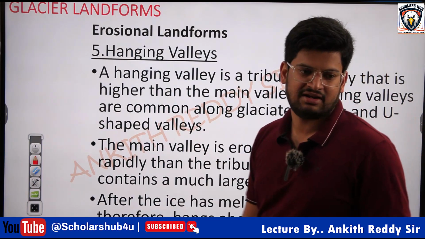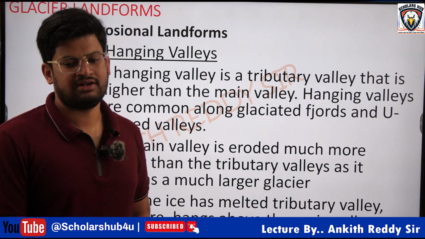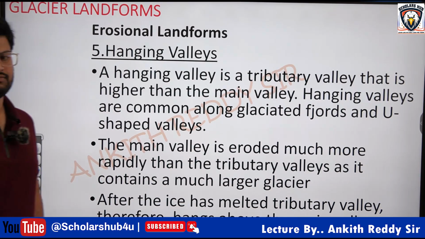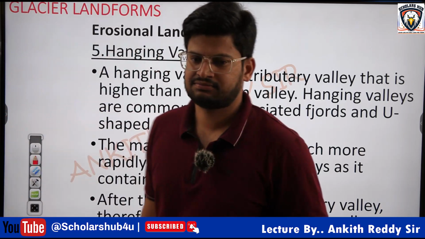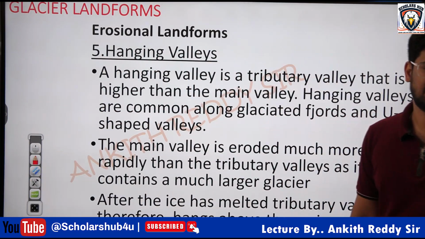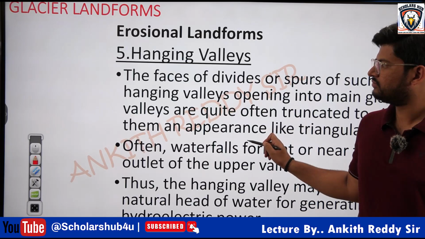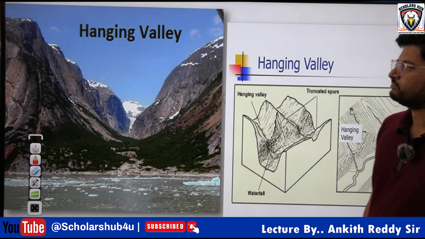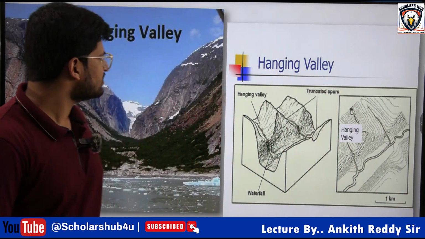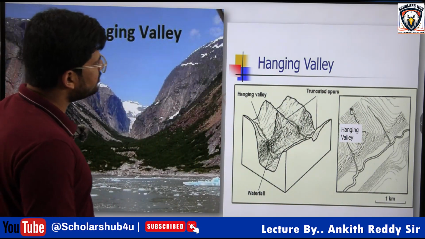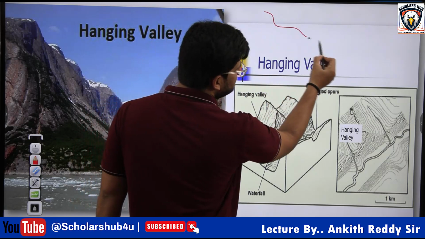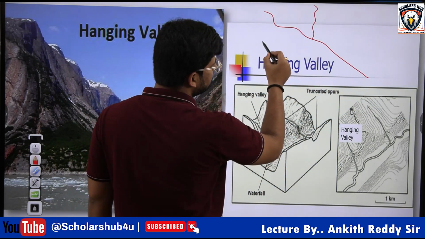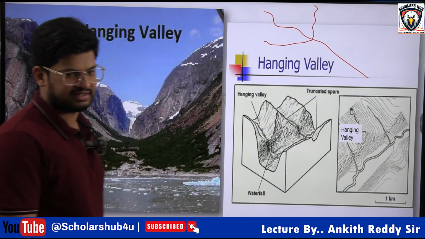Next, hanging valleys. What we are discussing are all erosional features. So what is a hanging valley? Yesterday when we discussed rivers, I told you that the main stream of the river flows like this, and this river is joined by other streams called tributaries.